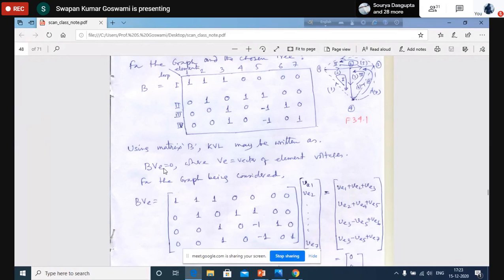Am I clear? So you can express Kirchhoff's voltage law using the network graph and the loop to element incidence matrix B. You can write B times VE equal to 0 to write Kirchhoff's voltage law. Is it clear?